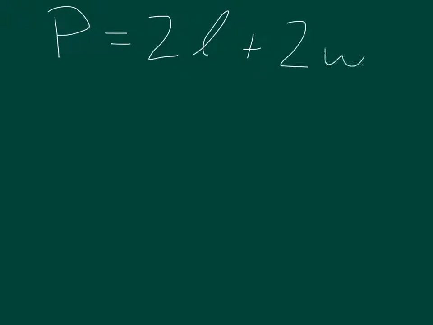The first line they have there is P equals 2L plus 2W. Now, that's actually 3 different variables. Anytime you see this big P right there, that means perimeter.